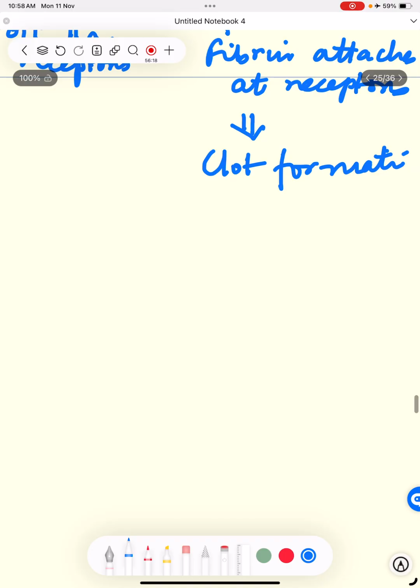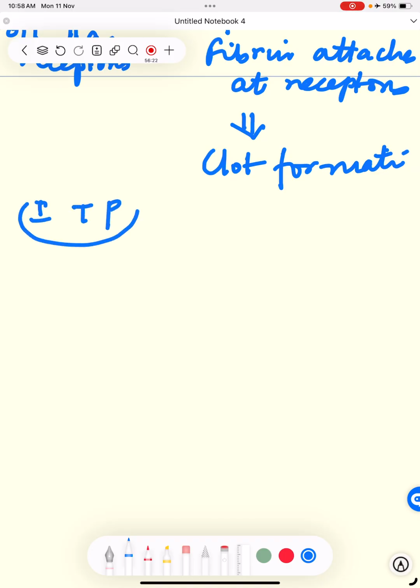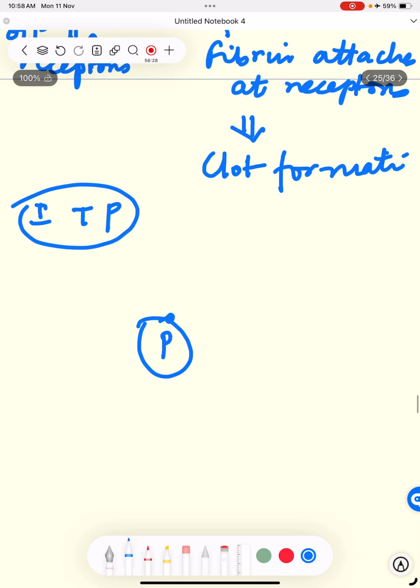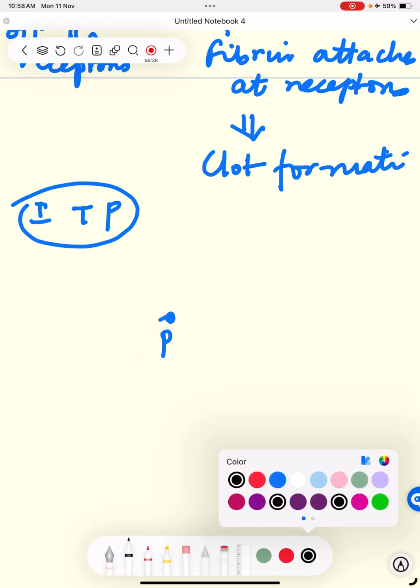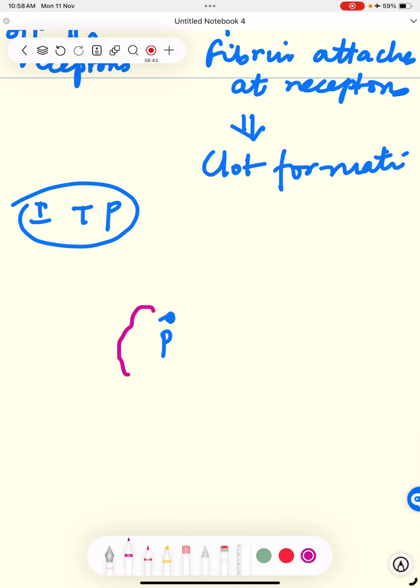Now, what happens in cases of idiopathic thrombocytopenic purpura? The platelets having the receptors are attacked by these antibodies. Let's say this is the antibody, and then all of a sudden a macrophage comes and engulfs this platelet.